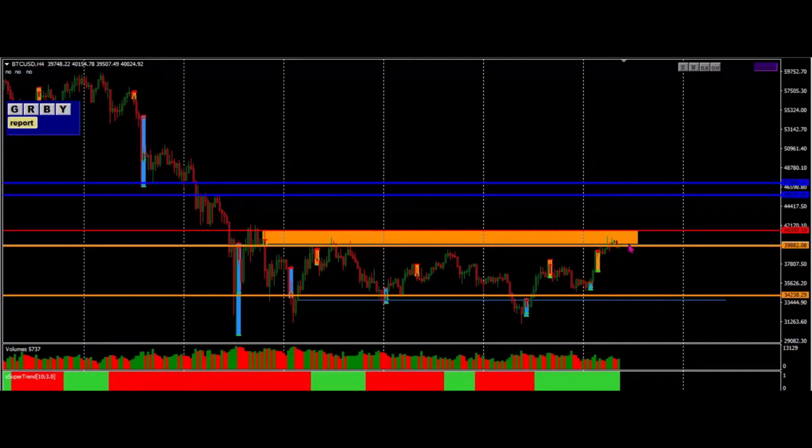So if we want to take a 4-hour buy entry, we want to wait either for price to outrun or close above the sellers on the 4-hour candle, or for price to develop a new 4-hour box above the daily zone, or daily box, and then get above it, either or. All right, now let's take a look at the 1 hour.